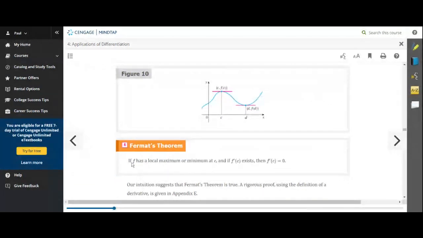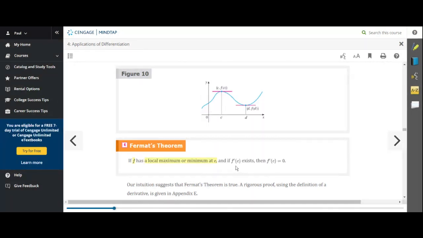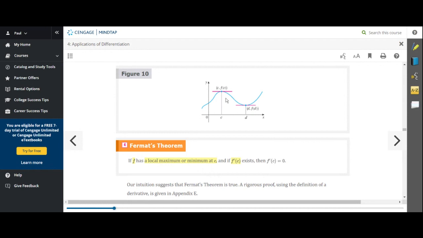They talk here about something called Fermat's theorem. We actually talked about that. If you have a local maximum or minimum at a point c, and if the derivative exists, then f prime of c equals 0. From figure 10, it's pretty clear there.